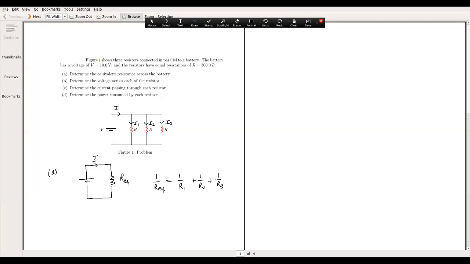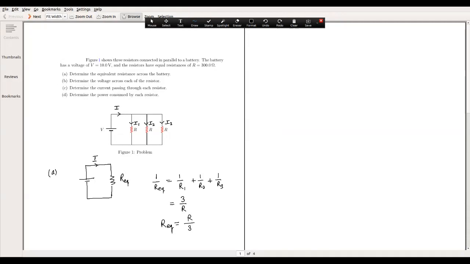But all these resistances are the same, so that's 1 over R plus 1 over R plus 1 over R, which is 3 over R. When inverted, that gives the equivalent resistance as the resistance of one resistor divided by 3. Notice that the equivalent resistance in parallel is always less than the smallest of the resistors. In this case they are identical, but it's still smaller, by a factor of 3. So the equivalent resistance is R over 3.